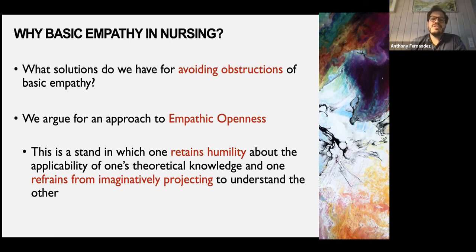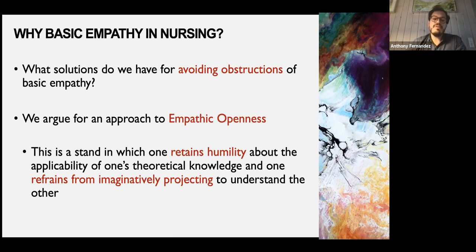So we suggest that actually what might be helpful here is cultivating a kind of attitude of empathic openness. We haven't articulated this in considerable detail, but it's something I'm happy to talk more about. Ideally, the idea here is that an attitude of empathic openness is one in which you retain a level of humility about the ability to apply your own theoretical knowledge to certain cases, to admit that, yes, I see you as expressive, but I might also be projecting something on top of that.